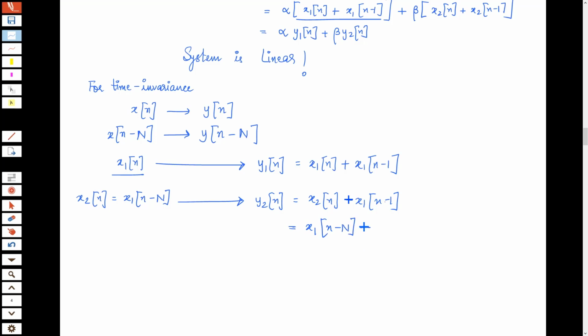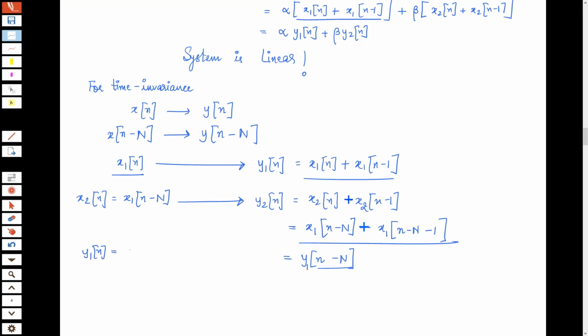And what is x2[n-1]? That would be x1[n-N-1], which is the same as saying y1[n-N], because if you plugged in n-N instead of n everywhere in y1[n], this is what you would have got, right?